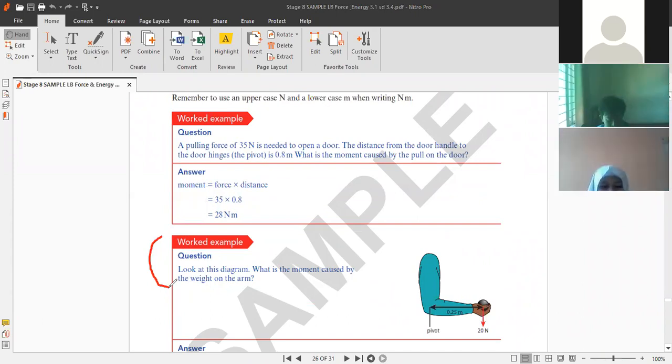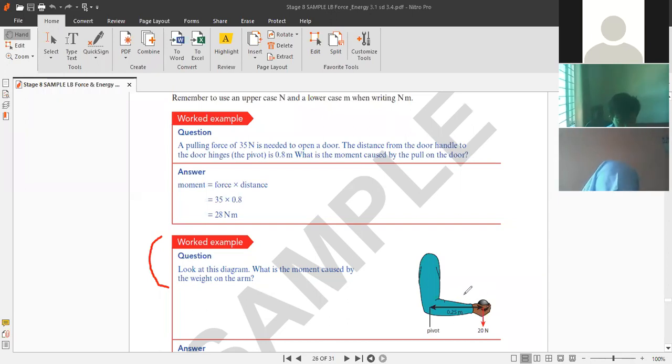Look at this diagram. What is the moment caused by the weight on the arm?